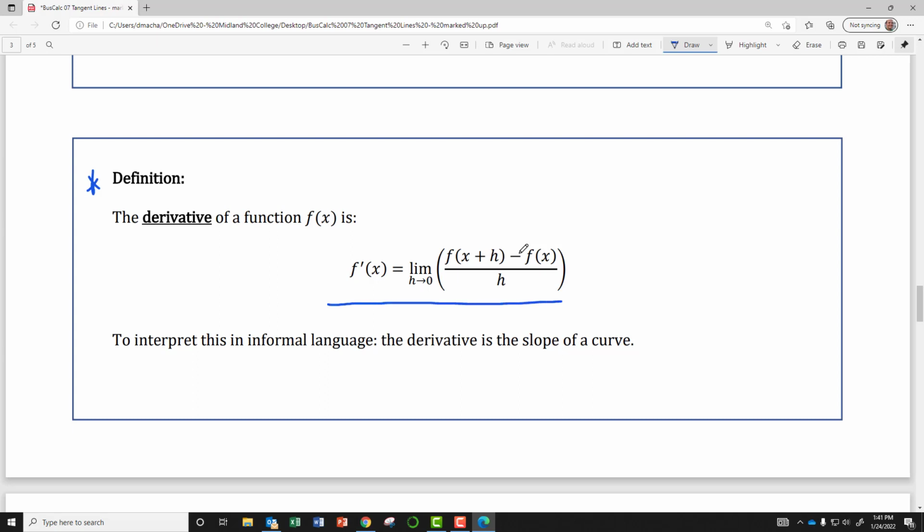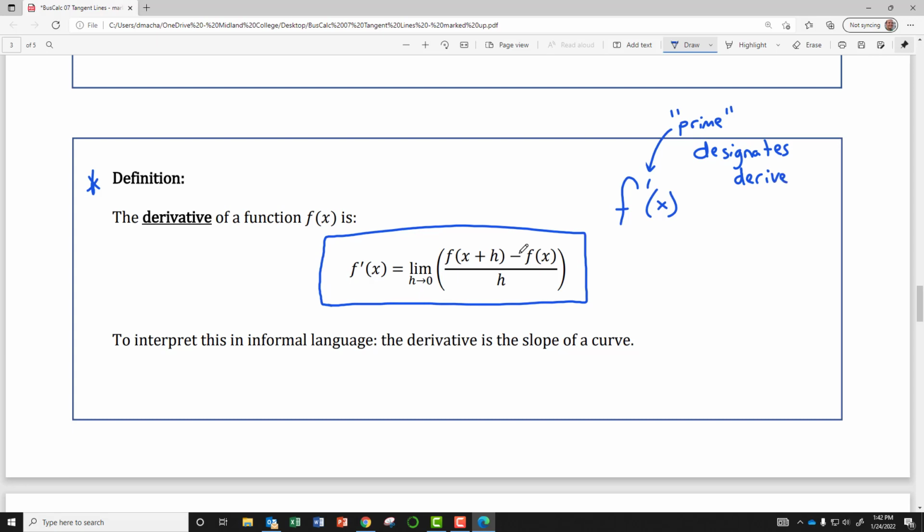And notice the notation here. If I write f prime of x, in other words, if you see the little apostrophe between the f and the x in the function, when you read that f prime of x, this designates that we're talking about the derivative.